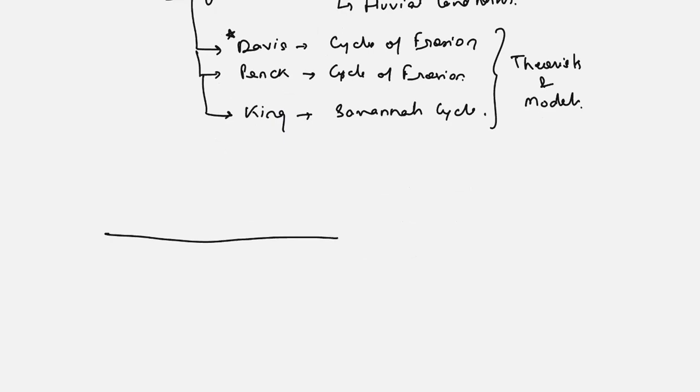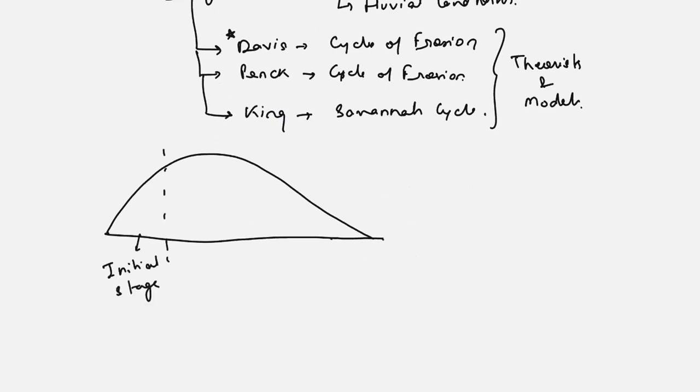So this is the initial stage. This is the youth stage. This is the mature stage. And this is the old stage. This is the base level.